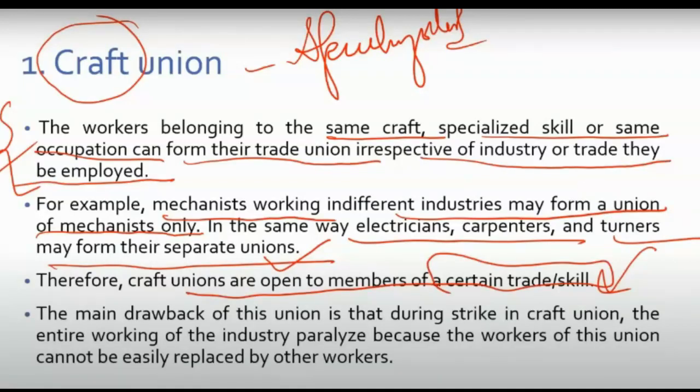The main drawback of this union is they only focus on a particular skill, and because of that it becomes very difficult at times, right? The entire working of the industry can be paralyzed because the workers of the union cannot be easily replaced by others. So let's say if all the carpenters, or all the plumbers, or all the drivers go on a strike on one day, it will be very difficult to manage, right?